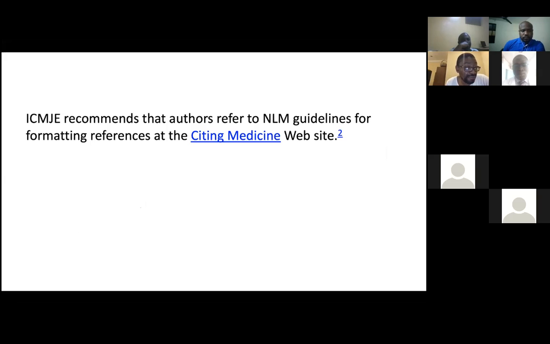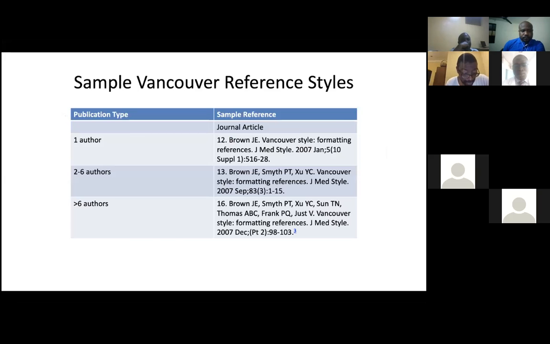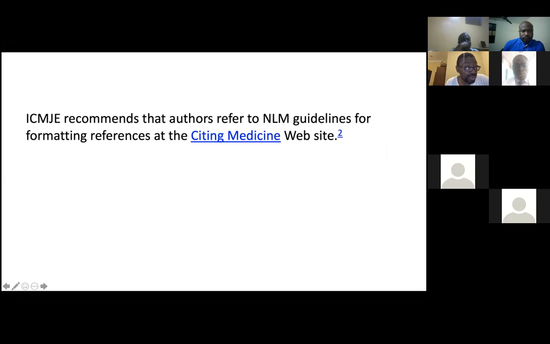So the resource for that is Citing Medicine. So if I click on this link, that should take us to that particular resource. It's actually a whole book. It's over 1,000 pages, about 1,500 and something pages. So it's essentially a reference manual, more or less.